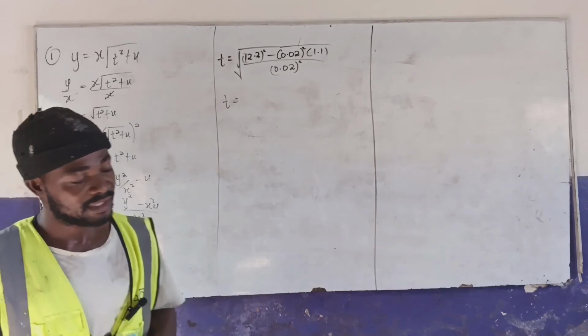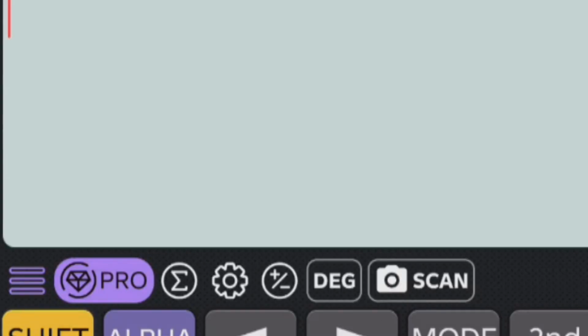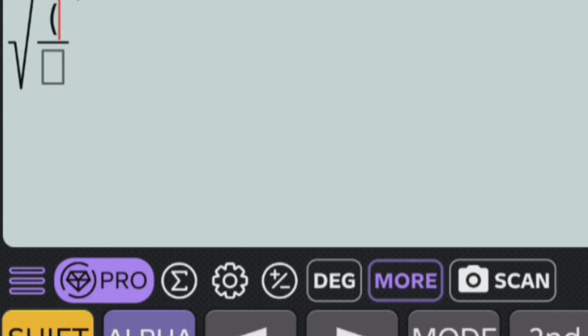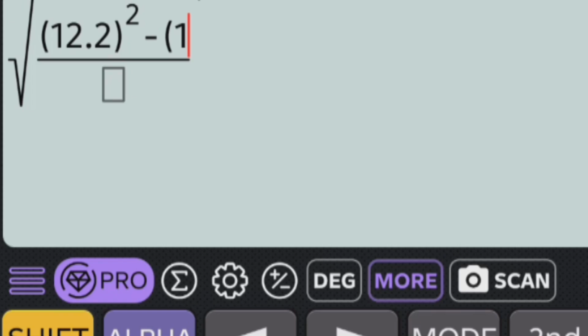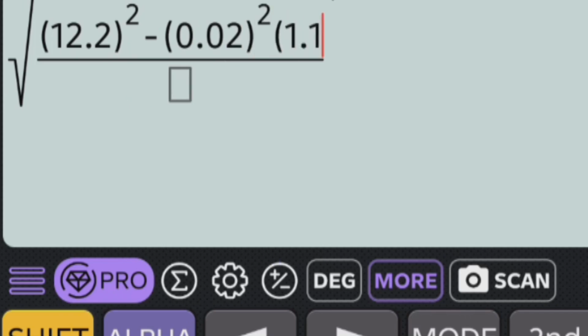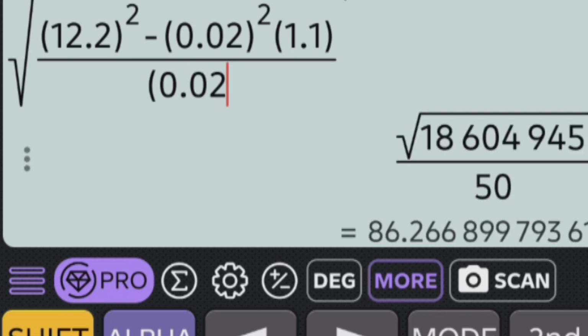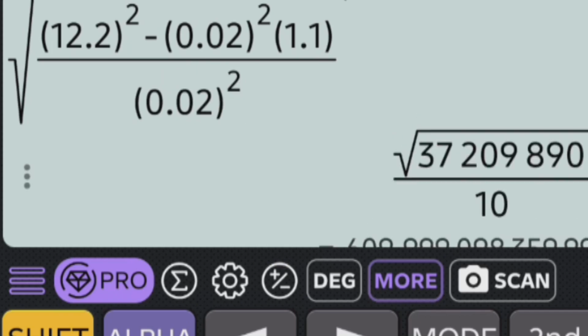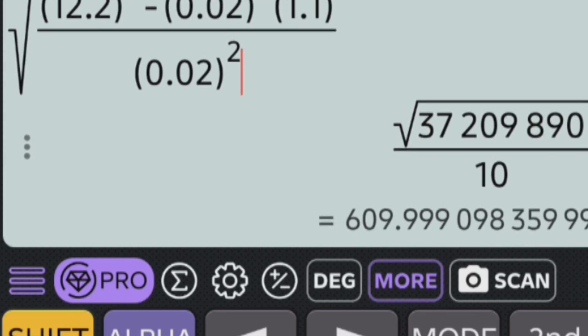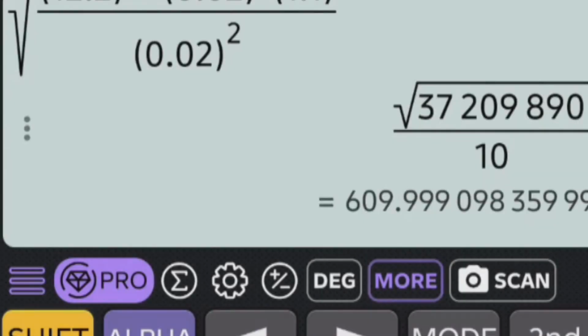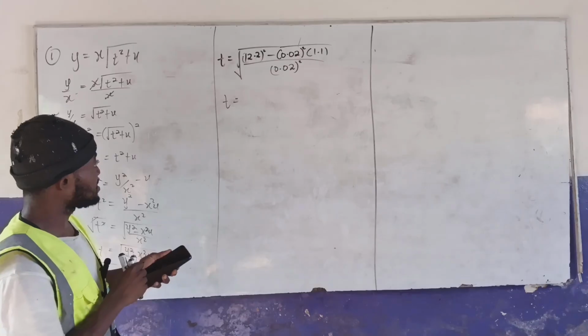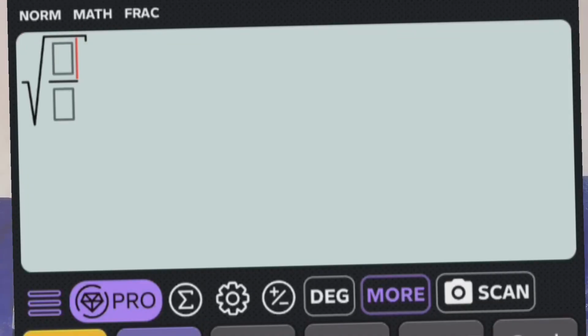Now this can be done using the calculator. So let me just get to my calculator. From our screens, we can see this on the calculator as 12.2 to the power 2 minus 0.02 to the power 2 times 1.1 all over 0.02 to the power 2.